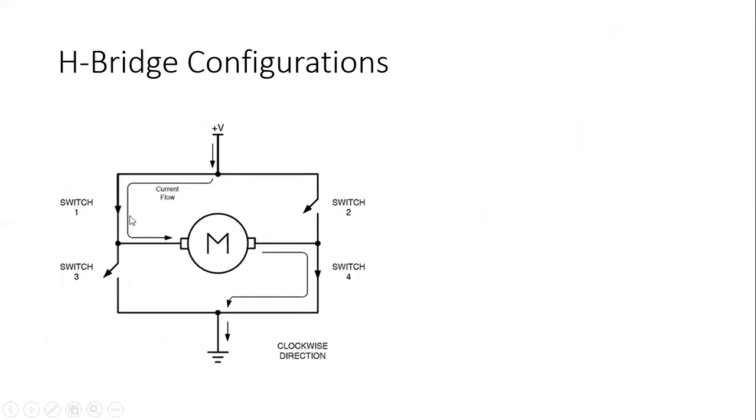This completes the circuit. So when switch 1 and switch 4 are closed, while switch 2 and switch 3 are off, the motor will rotate in the clockwise direction.